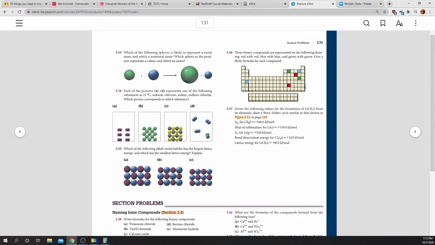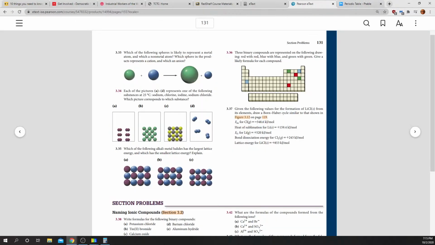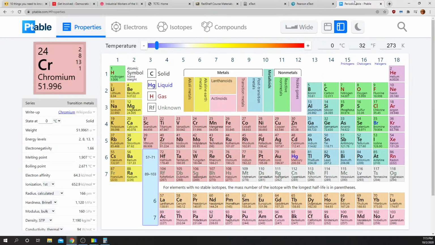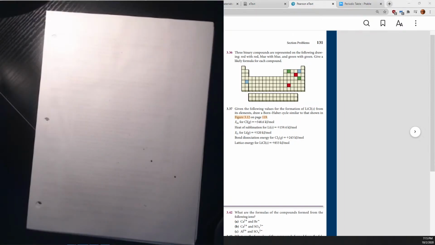All right, so red with red. Let's see, we got phosphorus and not tin, but no, that is tin. Yes. Is that phosphorus? Can't tell. Let's see. No, that's below oxygen. So that's sulfur and tin. So I can think of 2 different compounds that you could get with tin and sulfur.